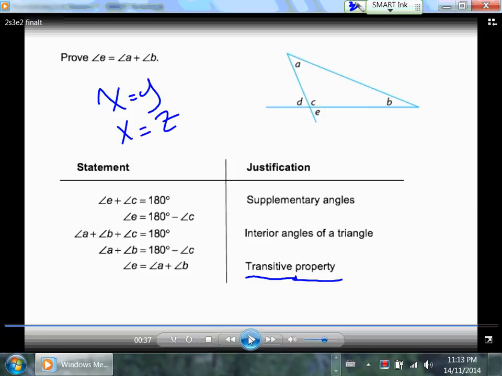If that's true, then together those statements tell us that y is equal to z. That's like saying Bobby is as old as Aaron and Aaron is as old as Joe. Well, then Bobby is the same age as Joe as well. Okay?